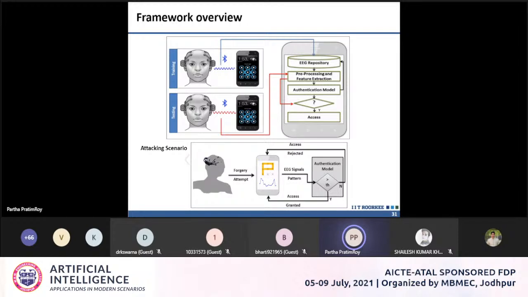There are actually many criteria, thresholds. The matching is either more than a threshold or less than a threshold. If it is more than the threshold, meaning the matching is good, then yes, it can access. If it is less than the threshold, then we will say your pattern is not matching, your EEG signal is not matching, and you will not be able to access.